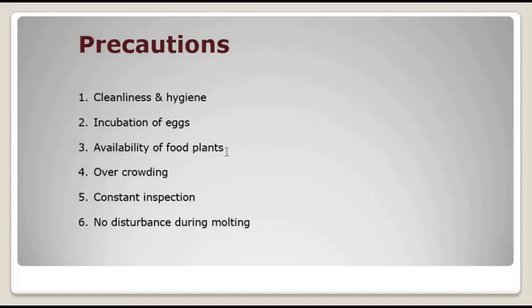Day and night they keep on eating. And if no food plant is available, or there is a break in the feeding, that ultimately causes death of the larvae, or it gives a poor quality yield, meaning poor quality cocoons.